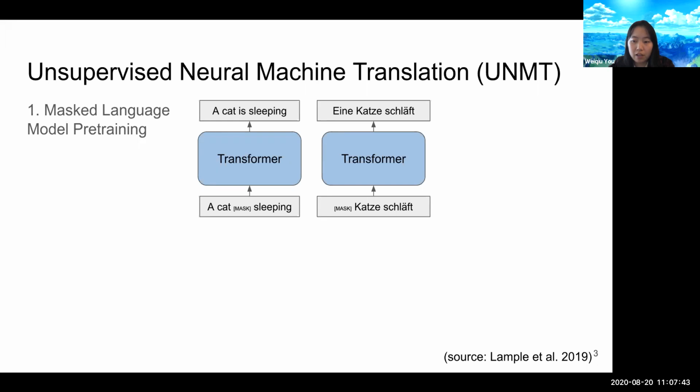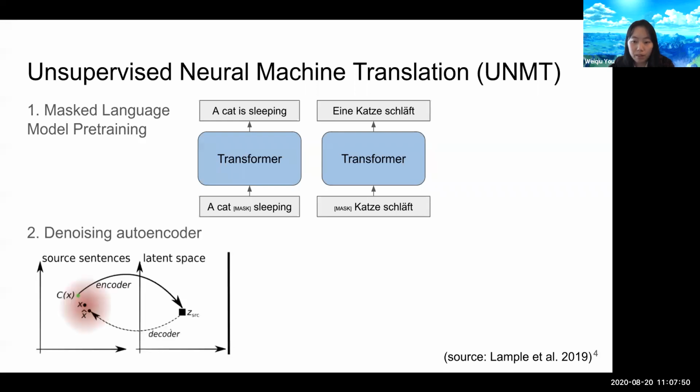We then initialize the encoder and decoder of the translation model with the masked language model. Then we train a denoising autoencoder, which first adds noise to the sentence, encodes it to the latent space, and then decodes it back to the original sentence to match the original sentence without noise.